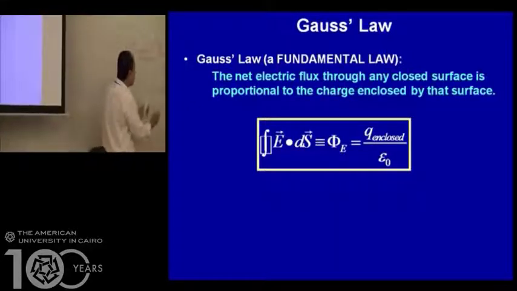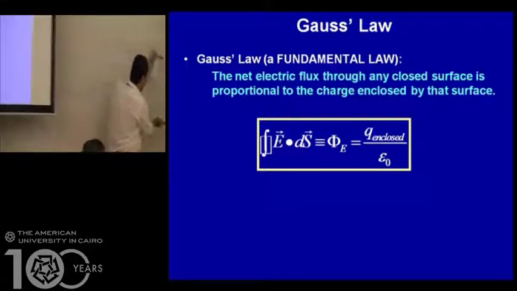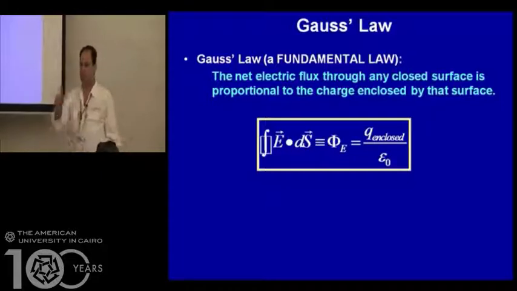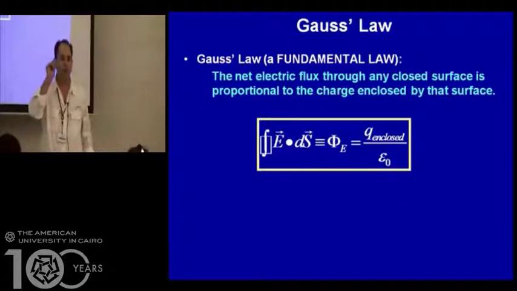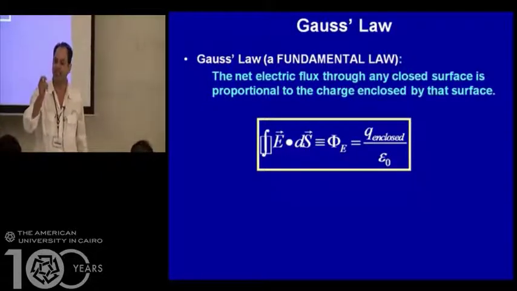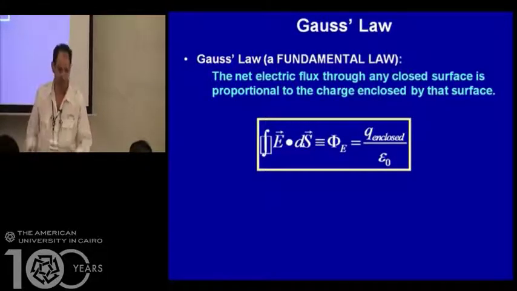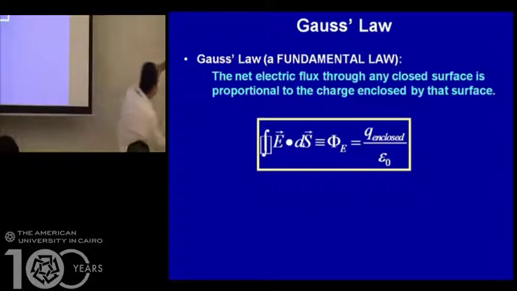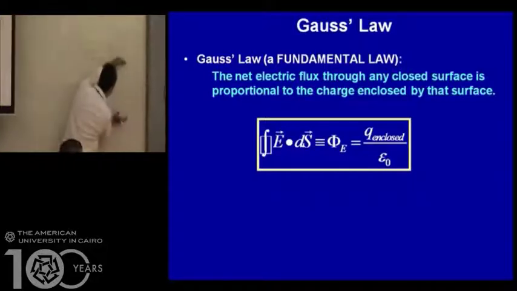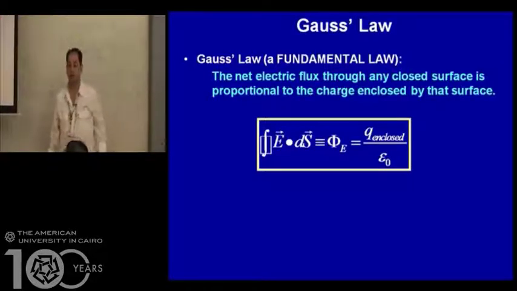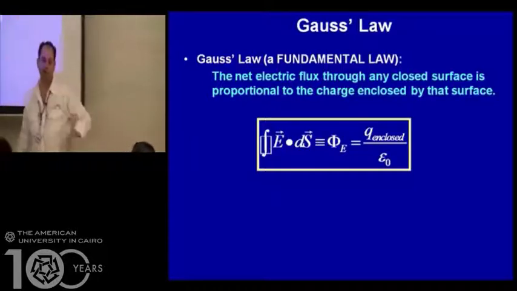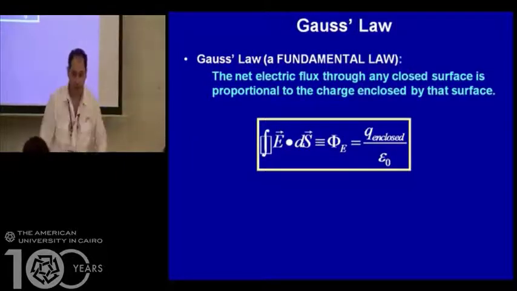What is the charge inside that cylinder? How much charge is enclosed inside that surface? It's a uniform distribution.